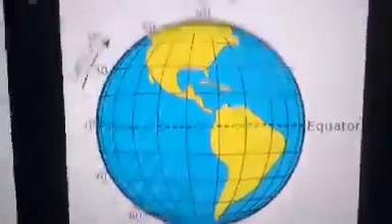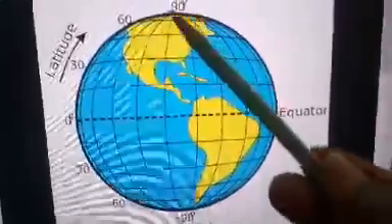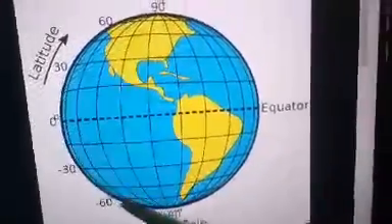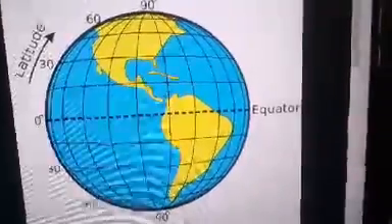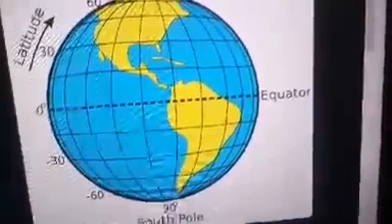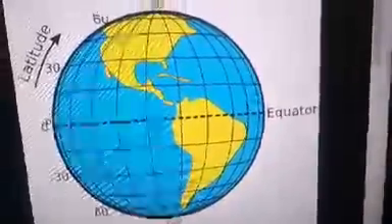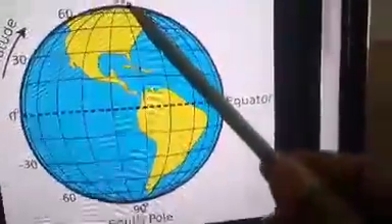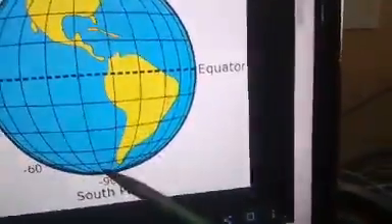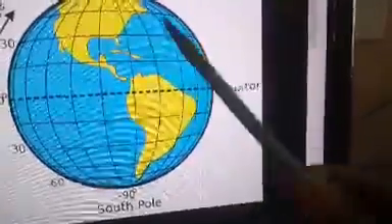In the picture, suppose you take this as the 0-degree line. Let us take this as the 0-degree line. These are American countries, because the 0-degree line falls in Europe only.